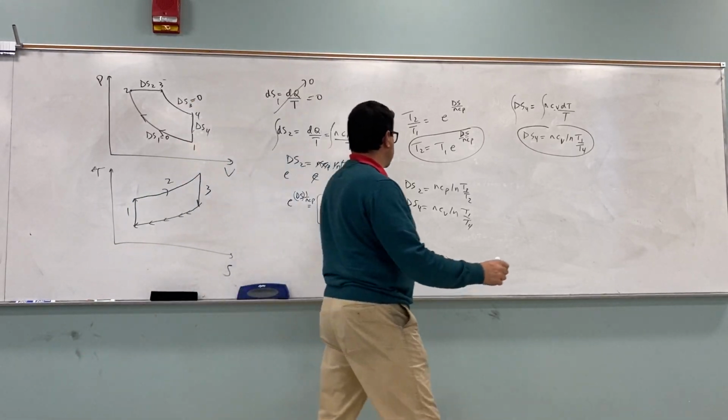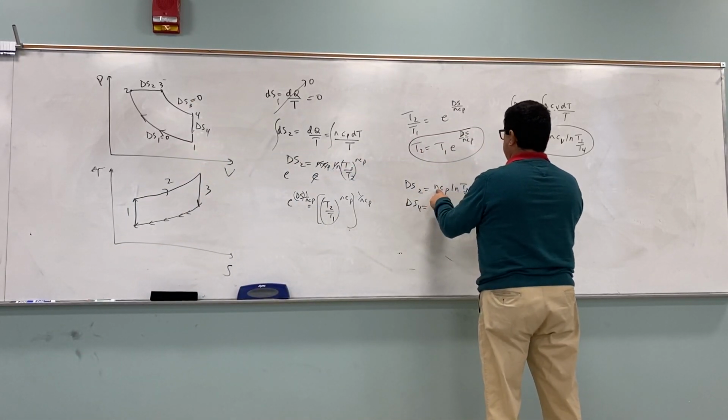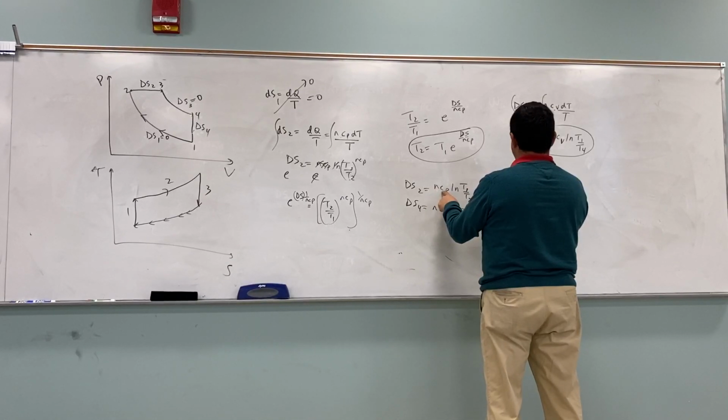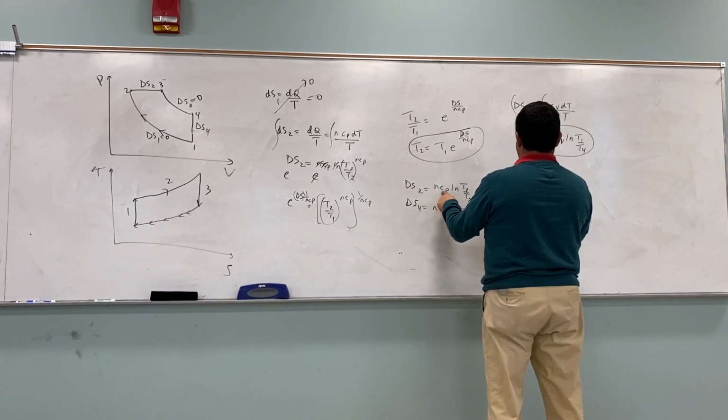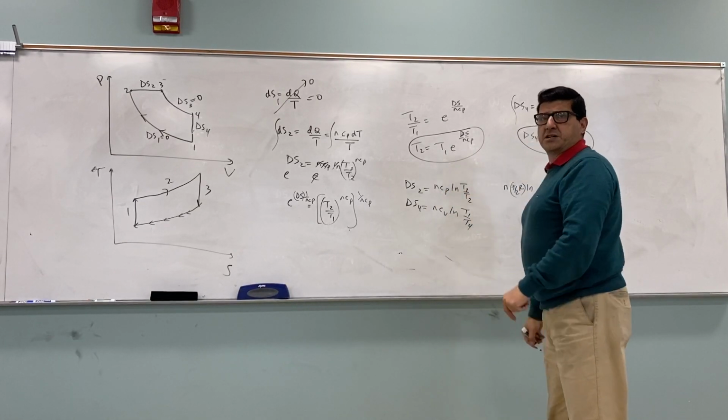So in our case, Cp is 7 halves R, ln of what was T3 in our case?